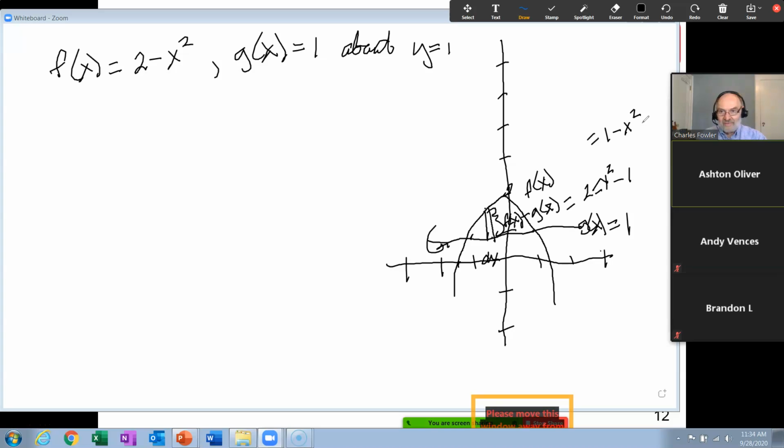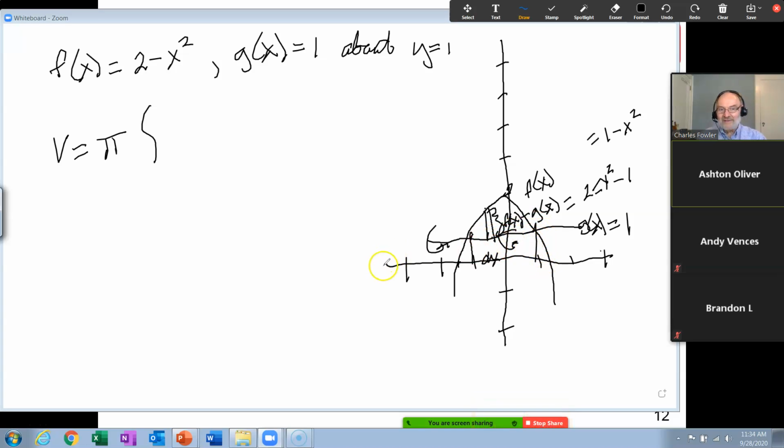Your volume is going to be pi times the integral. And where's your integral going from? Minus 1 to 1, because you're just going to those points there. This is the only part getting revolved. Nothing out here.